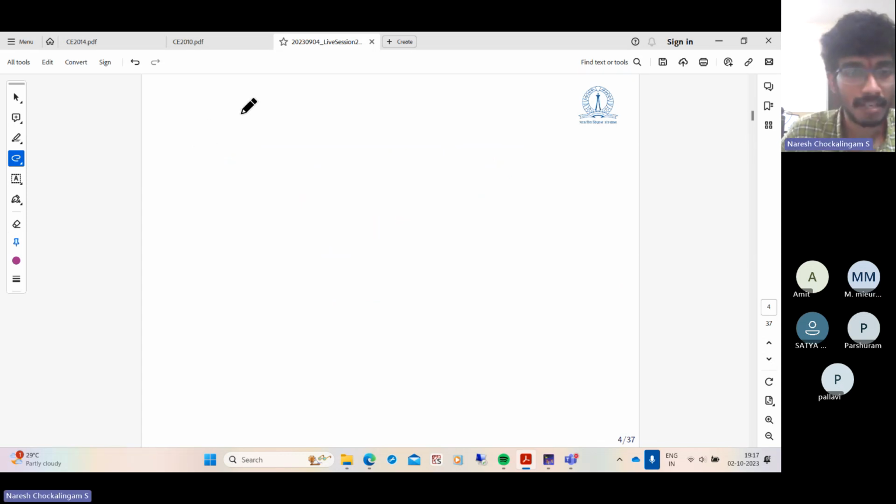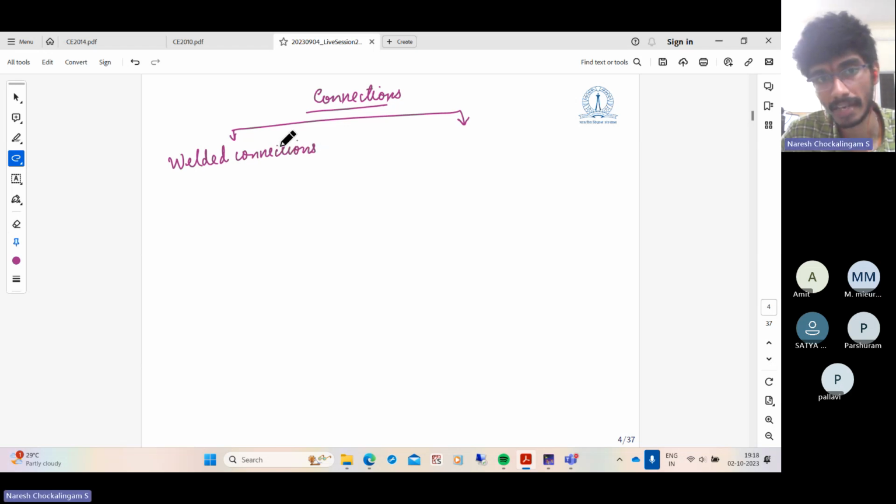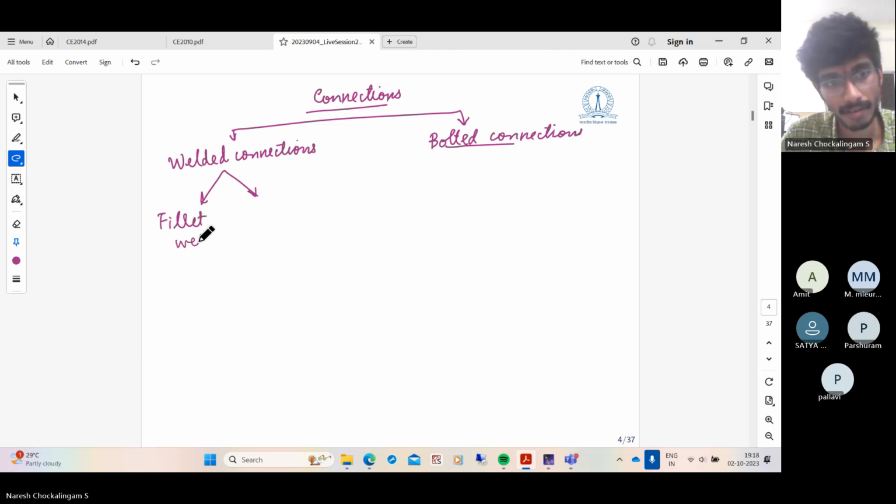Then the common types of connections, as we know. We can have welded connections. We can have bolted connections. Among welded connections, the two key types of welds are the fillet weld and the groove weld or butt weld.